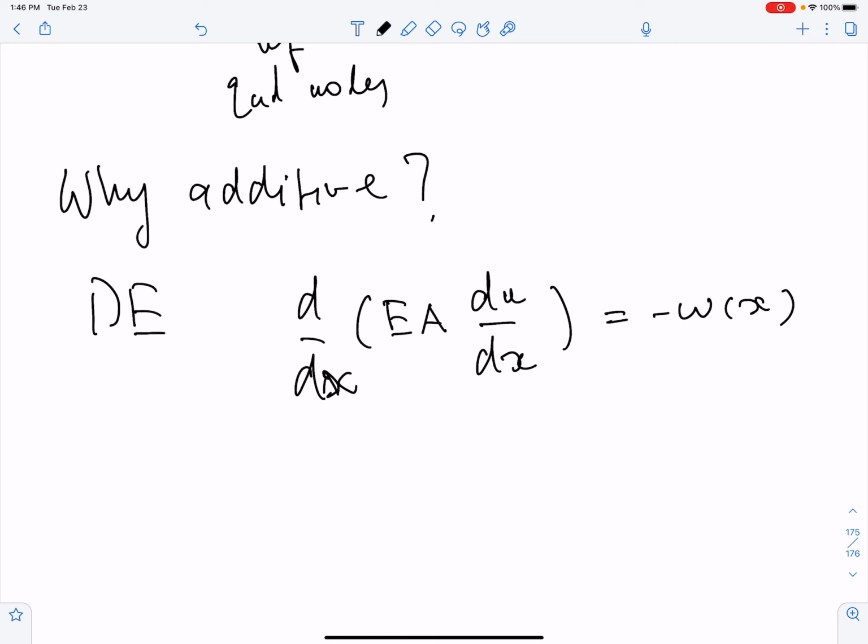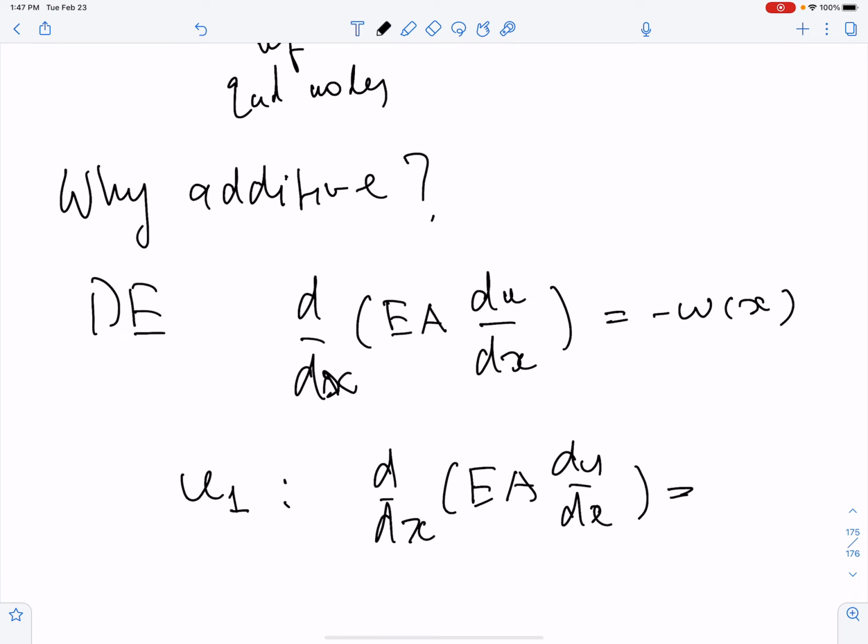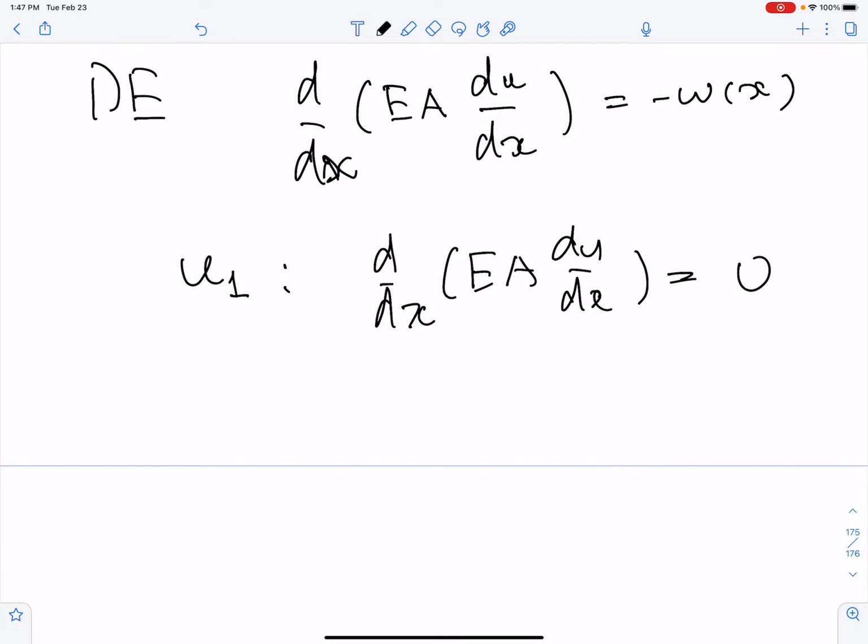And so then you can take this equation and you can come up with a solution u1, which satisfies d dx EA du dx equals to 0, and then u at 0 equals to some u0, u at L equals to some uL, purely driven by displacement boundary condition, right?